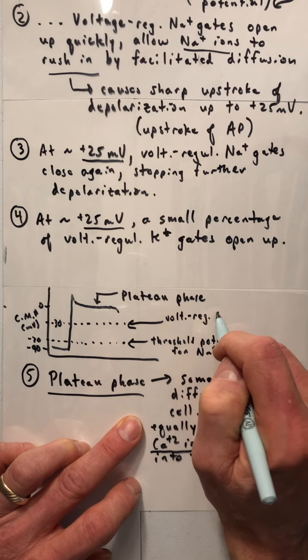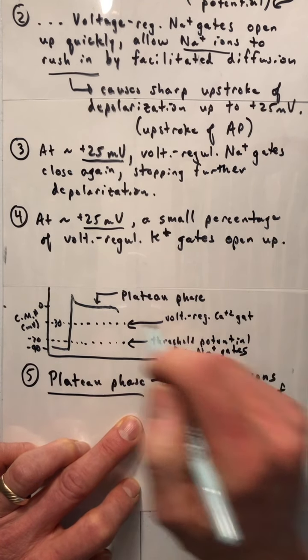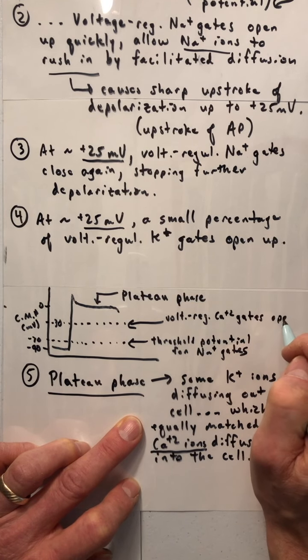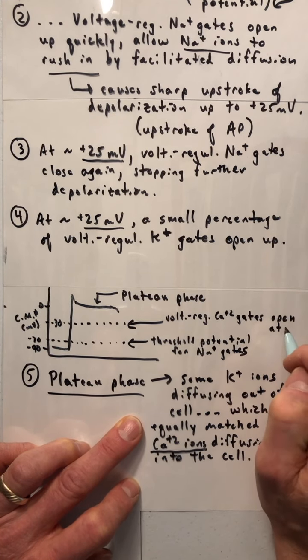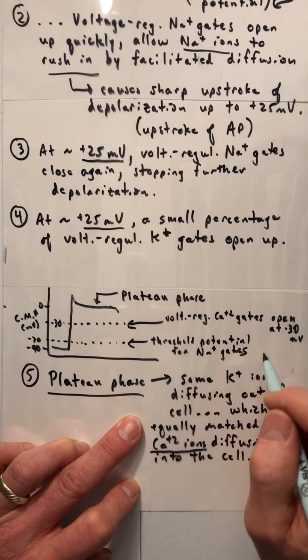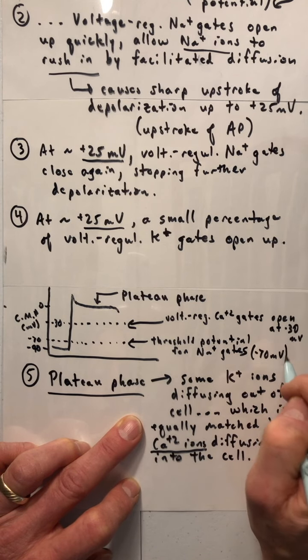Voltage-regulated calcium gates open on the way up at about minus 30 millivolts. That's at minus 30 millivolts, whereas the threshold potential for the sodium gates was minus 70 millivolts.